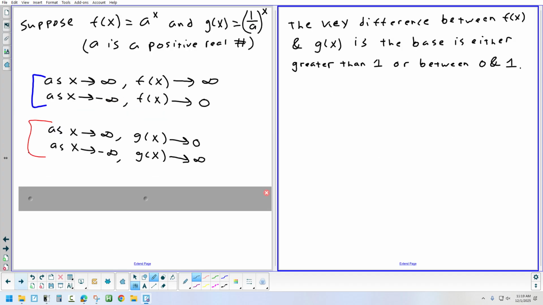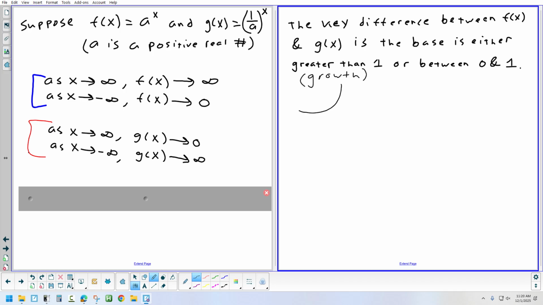And what controls whether you have a growth or decay graph is the base. If the base is a number greater than 1, you will get growth. Looks like that.